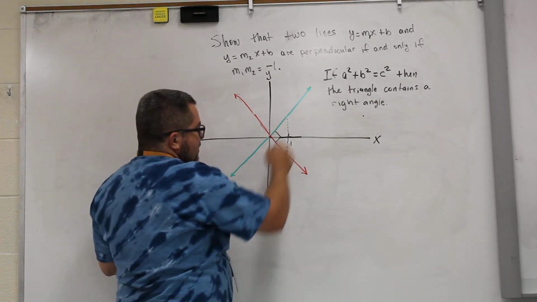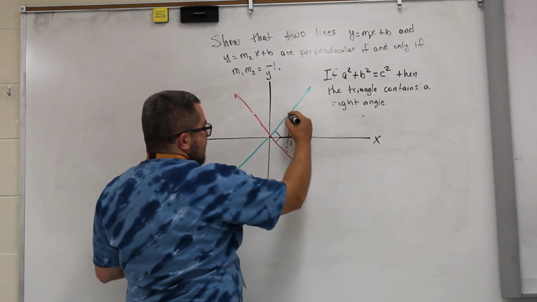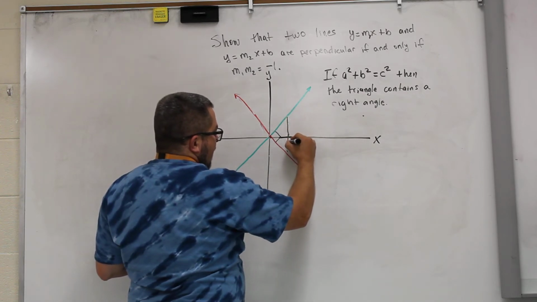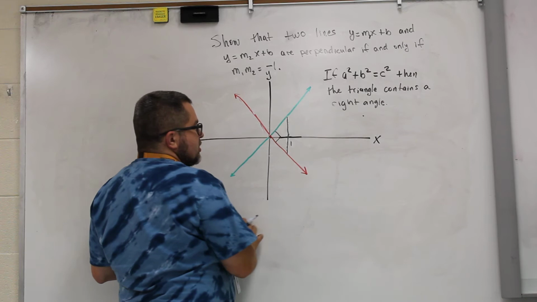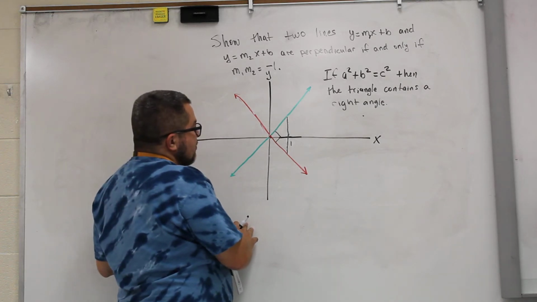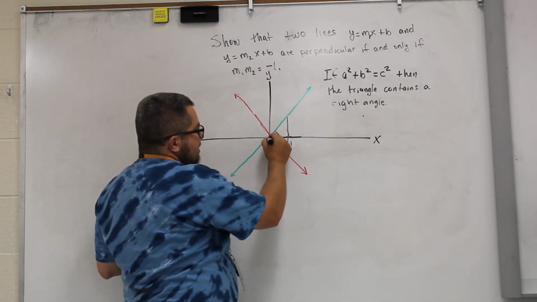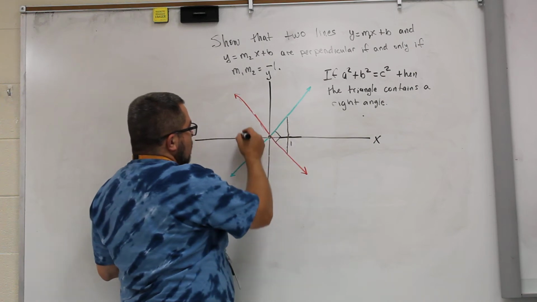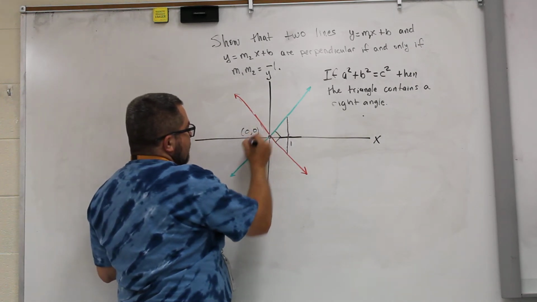And this is going to be 1. So I'm going to connect them here at 1, again, just for the sake of simple algebra. And that means that this point here is going to be the origin, 0, 0.